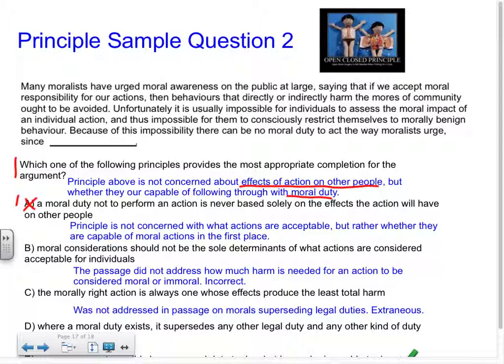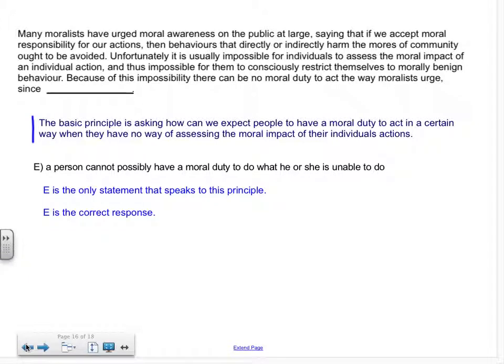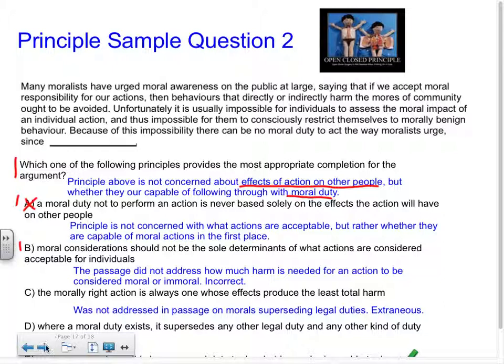B says moral considerations should not be the sole determinants of what actions are considered acceptable for individuals. So again, it's always important to come back to the principle, which was back here, about whether we're able to assess the moral implications of our actions.